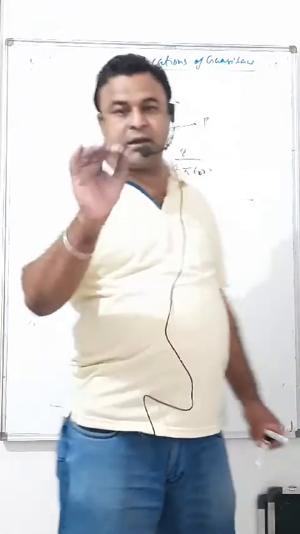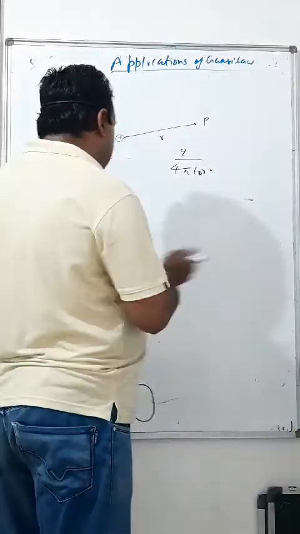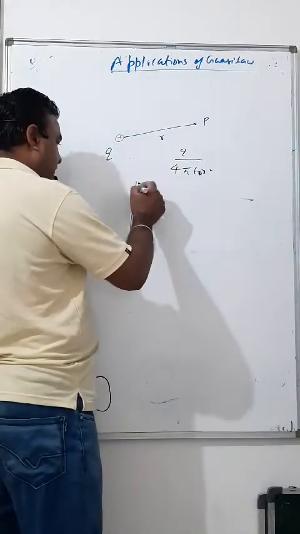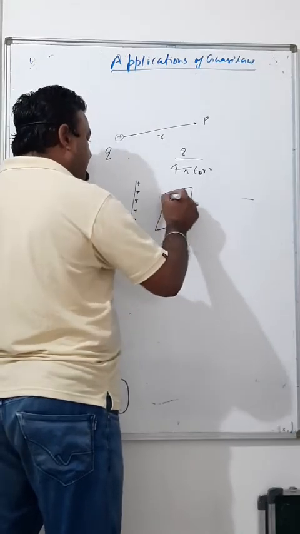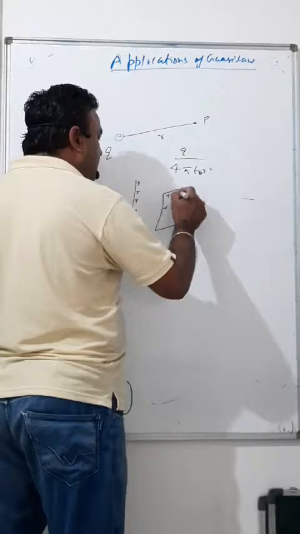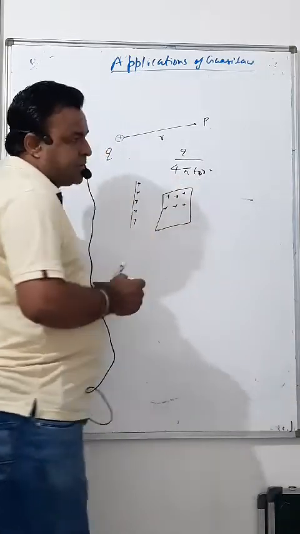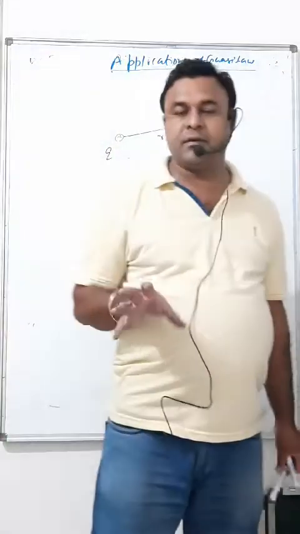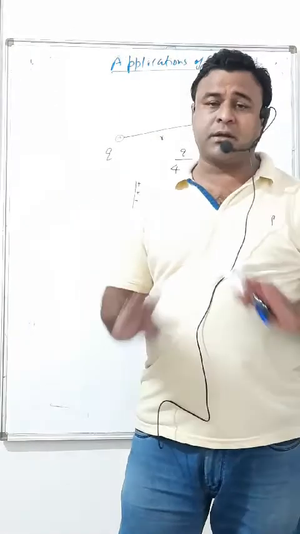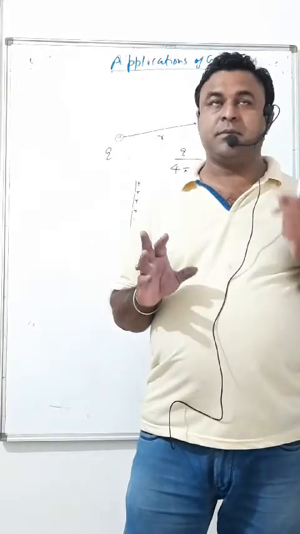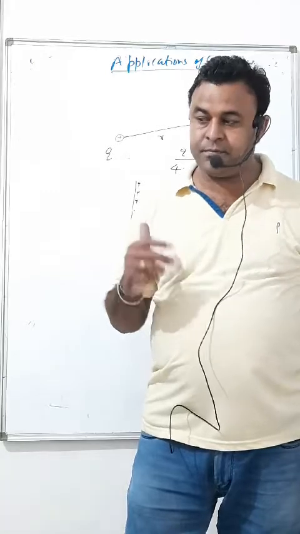But if there is a collection of charges, there could be a line charge, there could be charge on a surface. In that case, there are two ways to find it. Either perform integration, that becomes too mathematically complex.